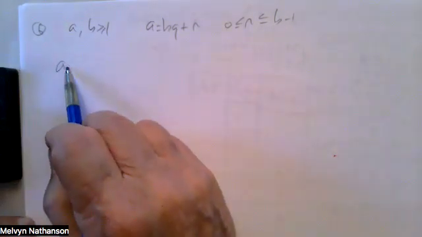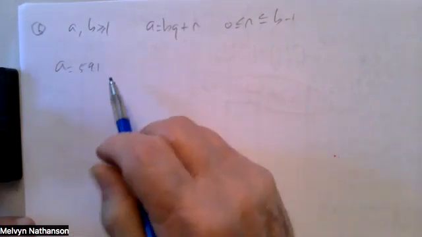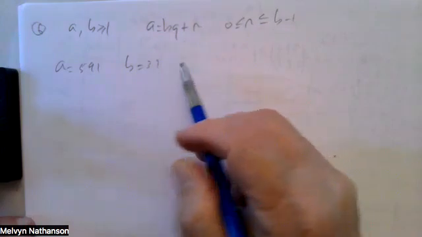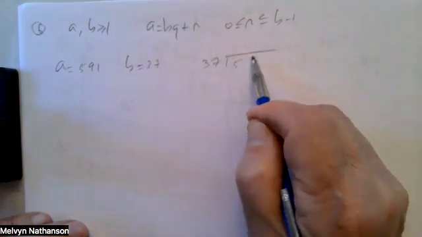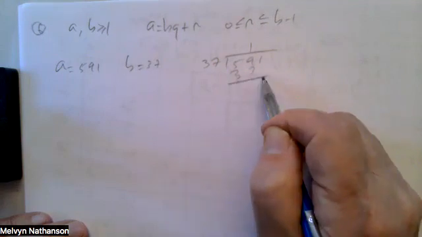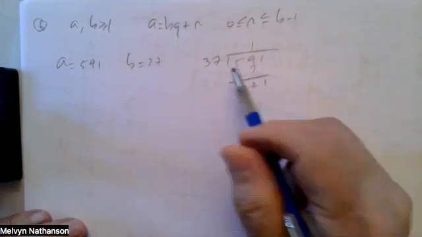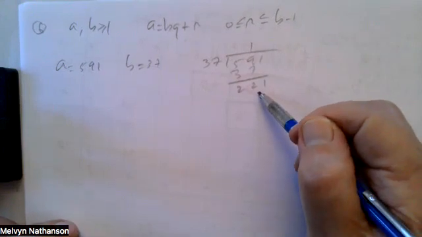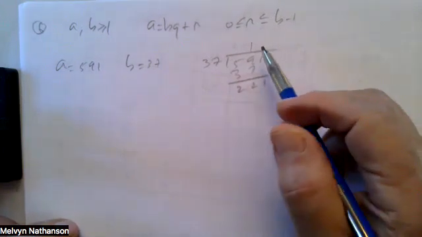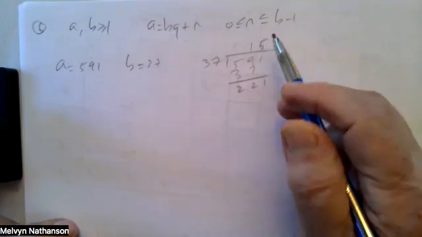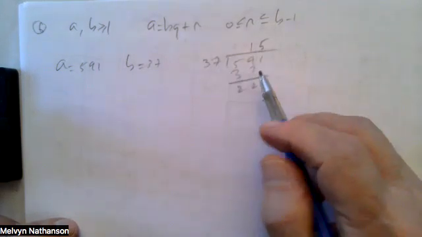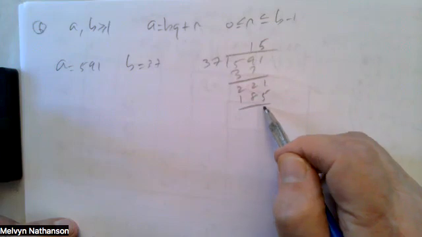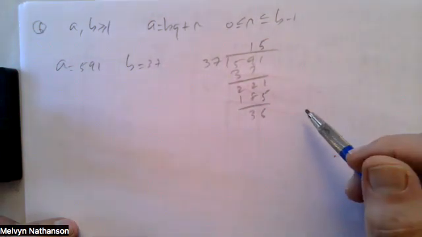So if we take a equal to 591 and b equal to 37, because they're positive, you can just do division like you did in elementary school. 37 into 591, that goes once, 37. Bring down the 1, 222. 37 into this, I think maybe it goes 5 times. 5 sevens are 35, 5 threes are 15, and 3 is 18, and this is 6, 36.